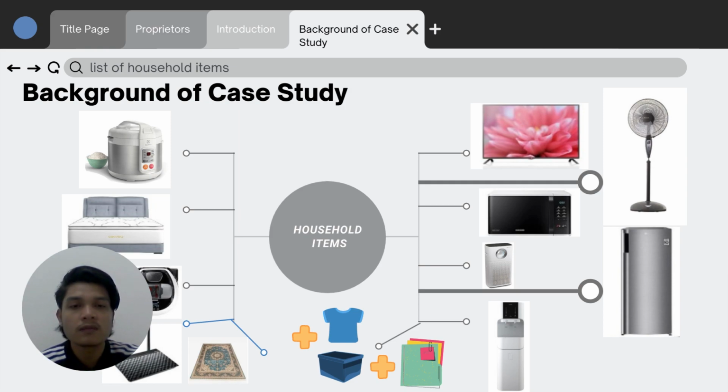And the fifth item is the Clean Master robot. The total weight for this item is 4 kilograms. And next, the microwave.